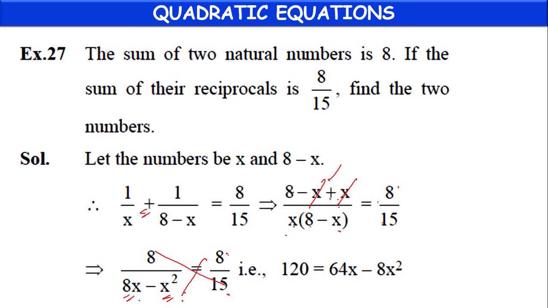If we cross multiply, 15 into 8 is 120, and 8x into 8 is 64x, x square into 8 is 8x square.